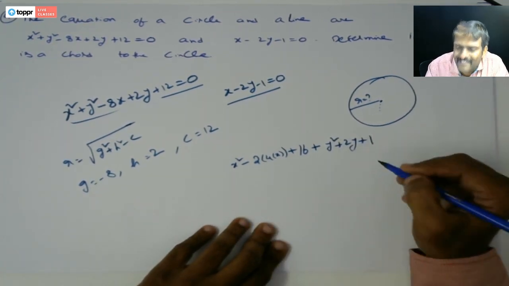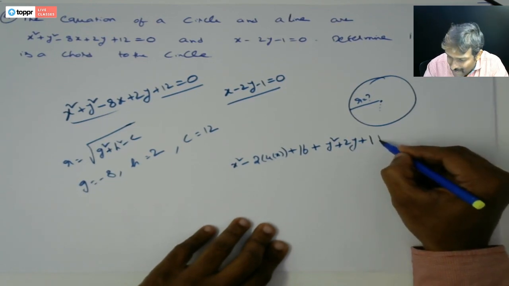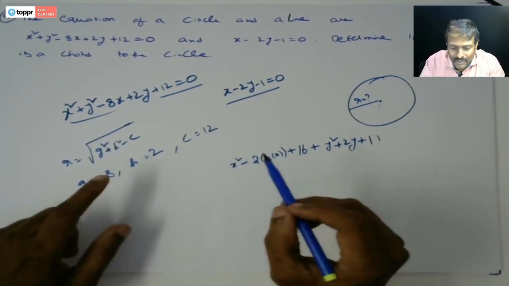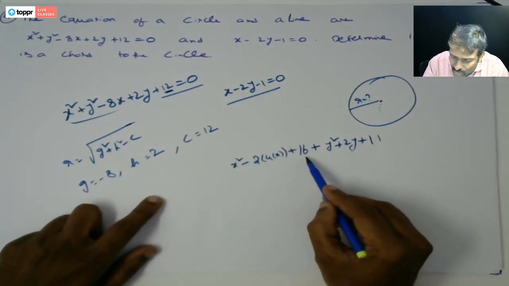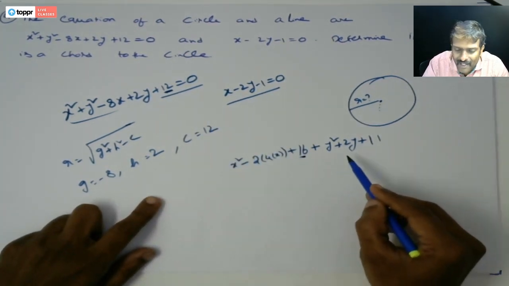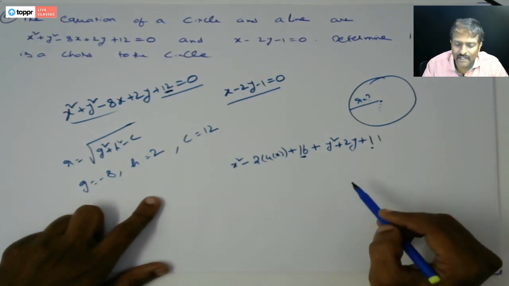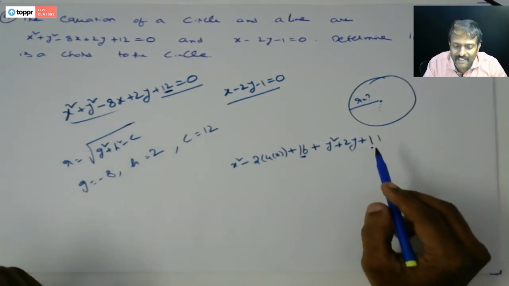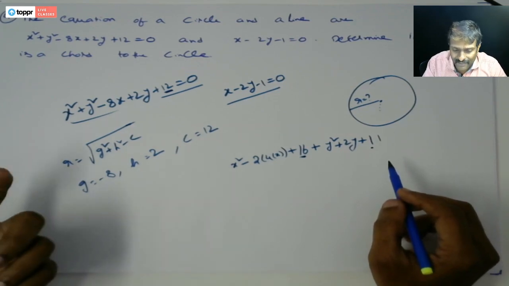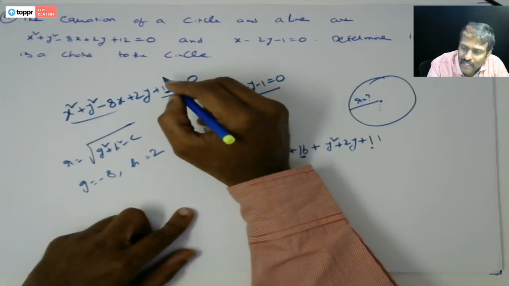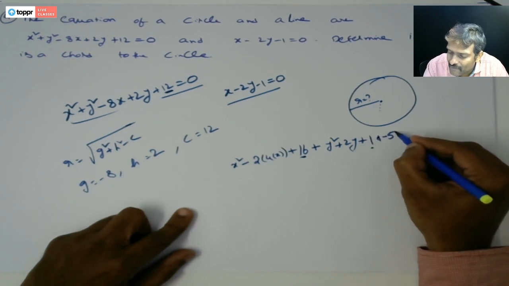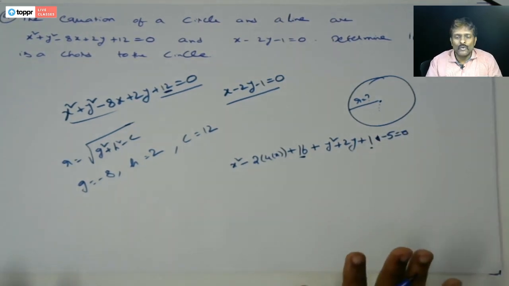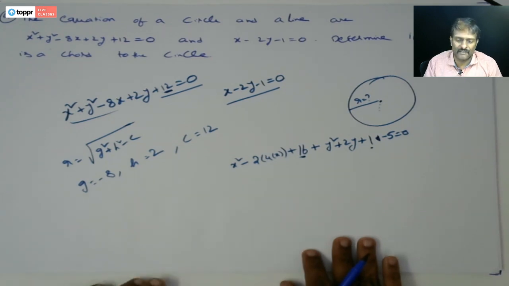So b square is 1, plus or minus. Let us see now. Here we have just 12 with us. But how much did we add so far? I have added 16 here, and I have added 1 here. So 1 plus 16, 17, is added. How much is added? 17. But what do we have? 12. So the difference is how much? 5. So I just need to subtract 5 from this to keep the equation intact. Right.